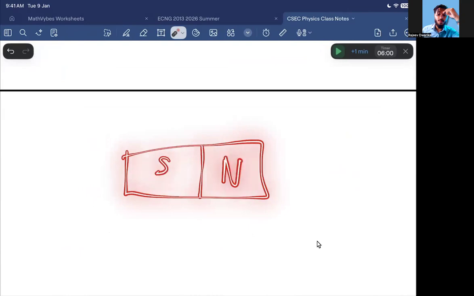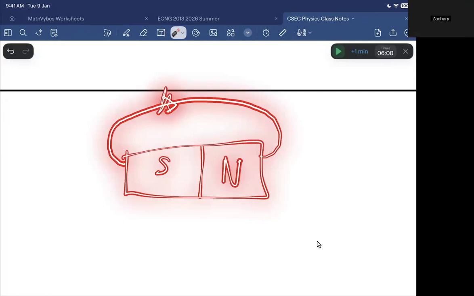Remind me, the magnetic field lines would go from where to where? North to south. So if I were to draw a magnetic field line like this, how would the arrow go? Would it go like this? Nah, sir, it has to go like this.